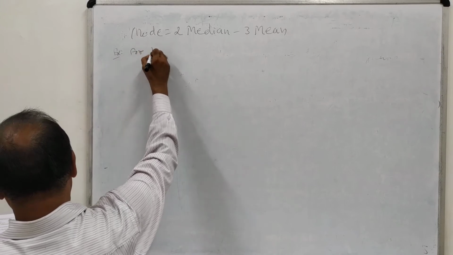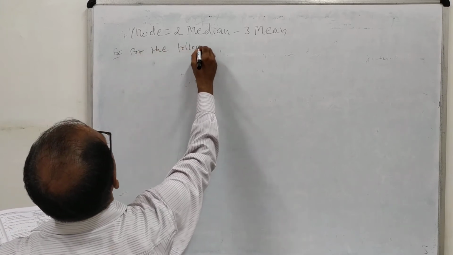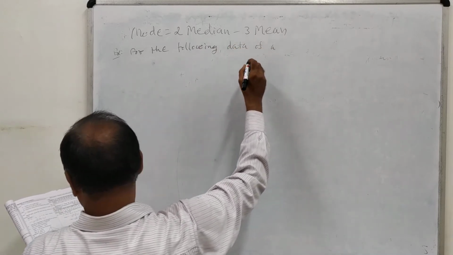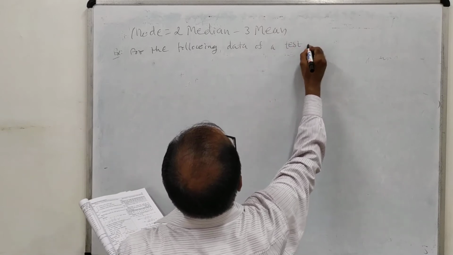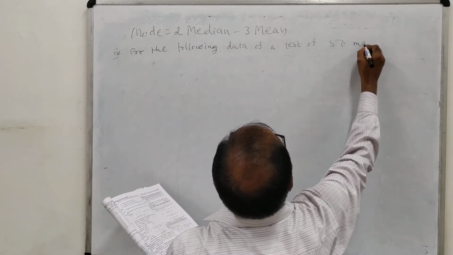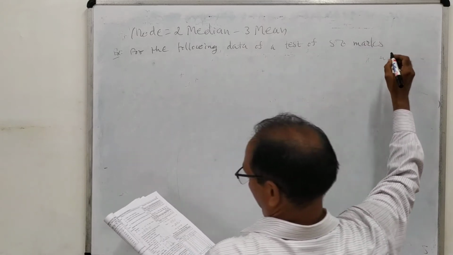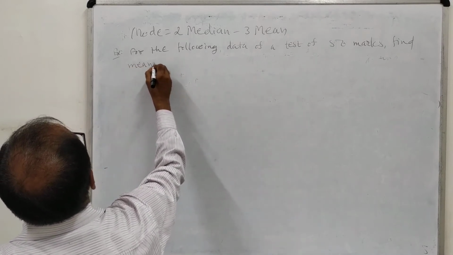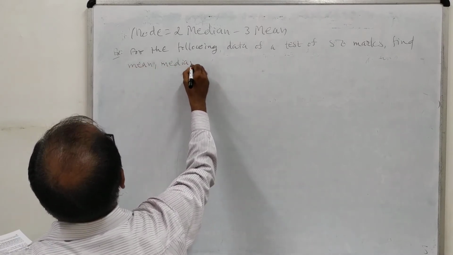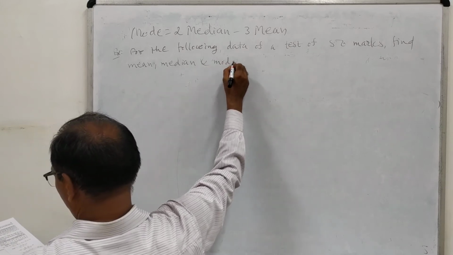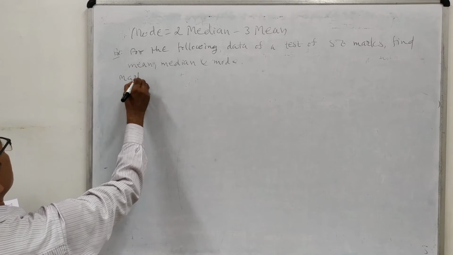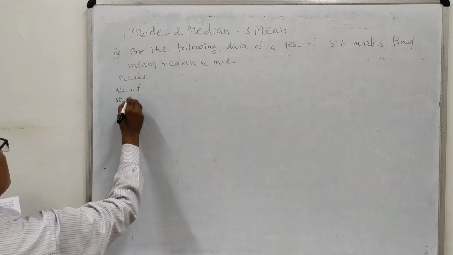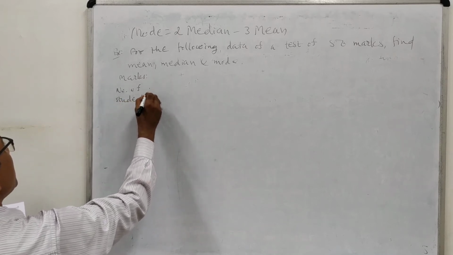For the following data of a test of 50 marks, find mean, median and mode. The data is given as marks and number of students. So here the example can be of any kind.